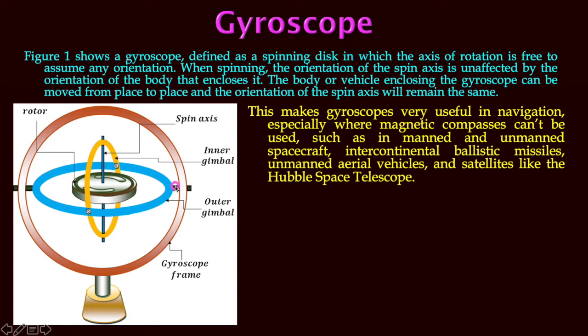And the outer gimbal is attached with a frame, a static frame. So finally, we are getting 3 degrees of freedom of the axis. The disc can rotate about this axis, the inner gimbal can rotate about this axis and the outer gimbal about this axis.